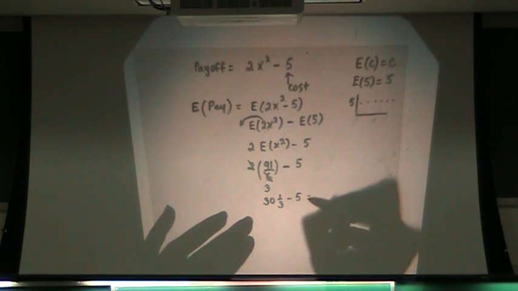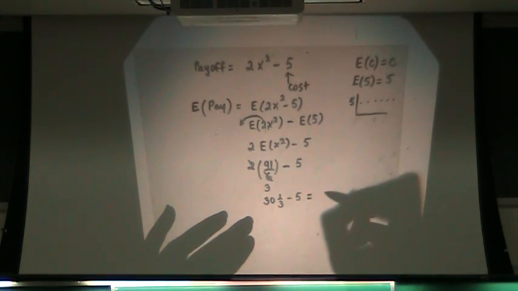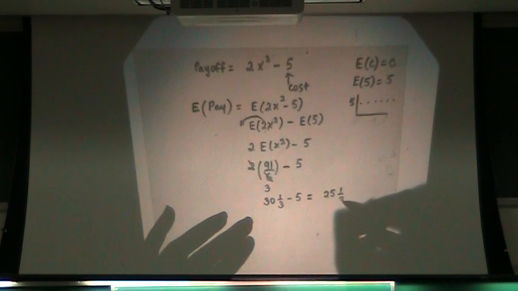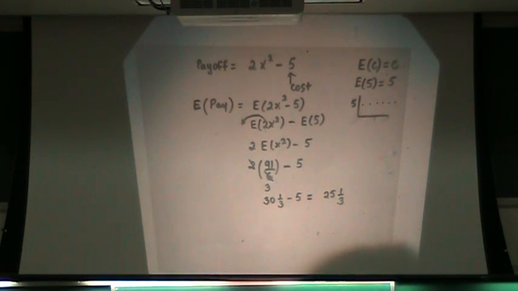So you're expected to make $25 and 1/3 dollars when you play this game. So should you play this game? The answer is yes, you should play this game. Do you follow? Any questions on this?